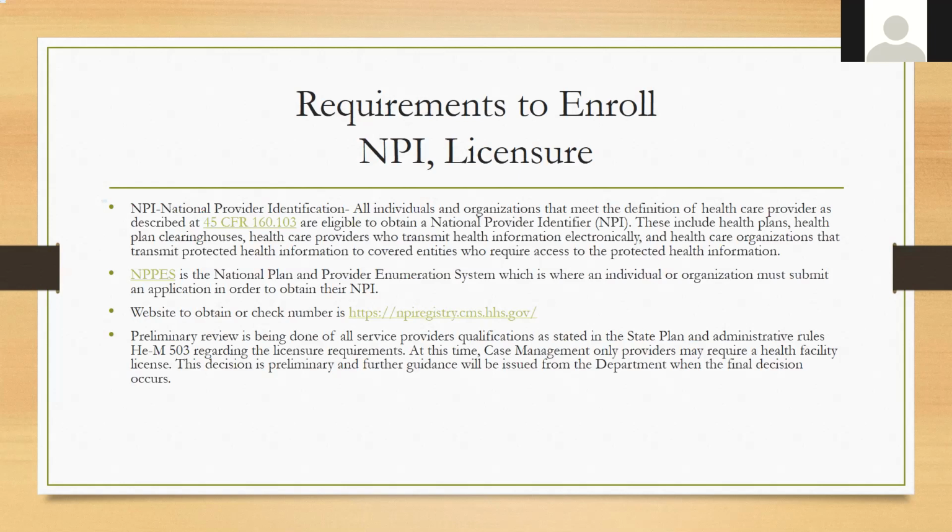If you already have an NPI, this question came in prior to the presentation, and you are using an NPI for multiple services within your organization, that is the provider's right to choose an NPI that they desire to use.